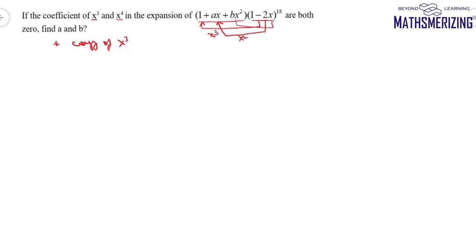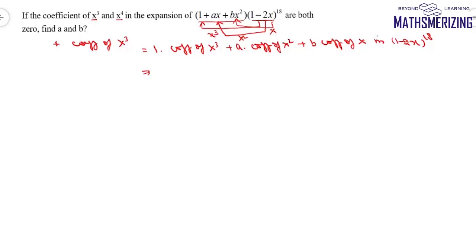Or when the coefficient of x from the second series gets multiplied with bx square, then I'll get x cube. So it'll be 1 into the coefficient of x cube plus a into the coefficient of x square plus b into the coefficient of x in the expansion of (1 - 2x) to the power 18.